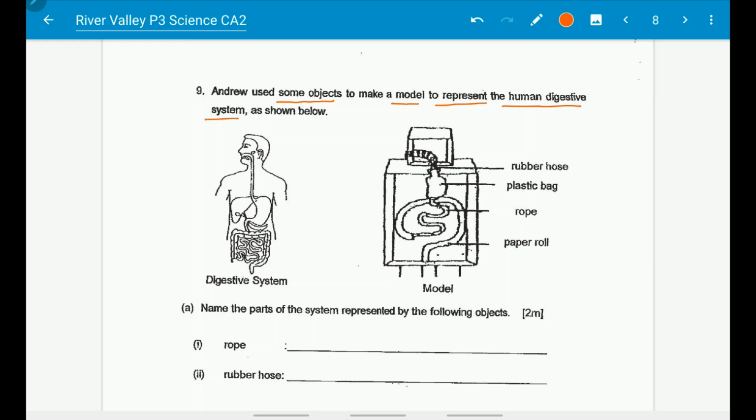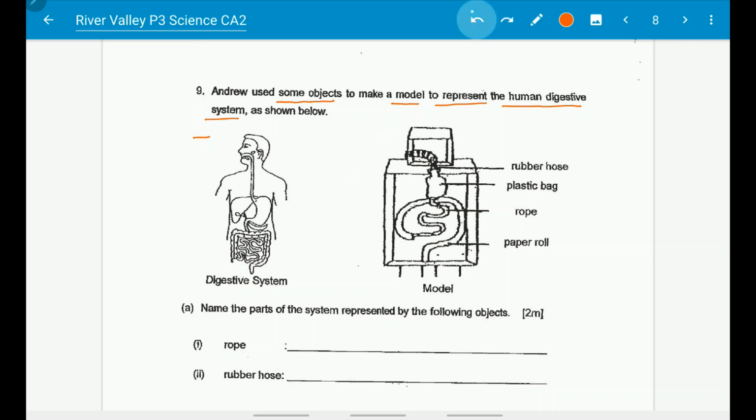He used some commonly found items like a rubber hose, a plastic bag, some rope, and a paper roll to make a model of the human digestive system. Compared to the actual system here, I would say that they are quite similar.